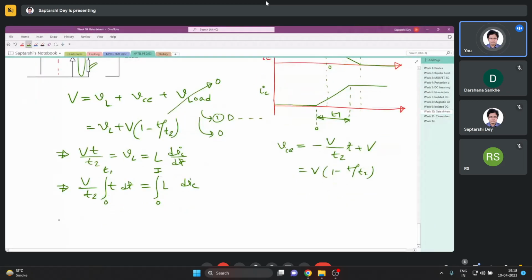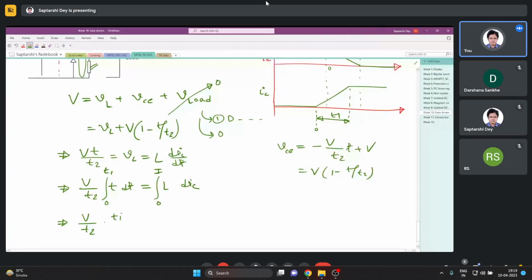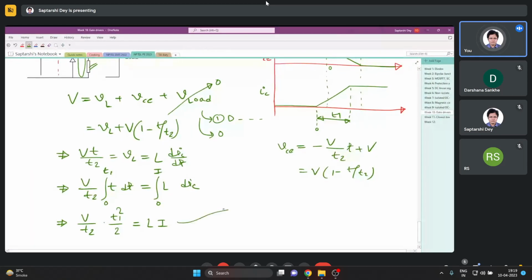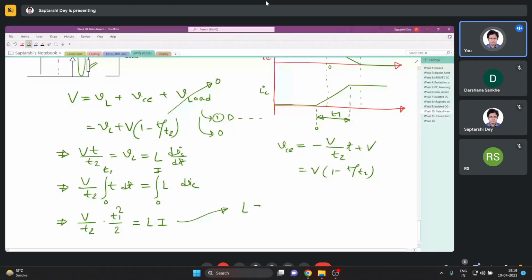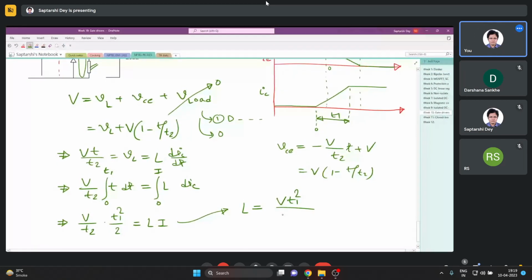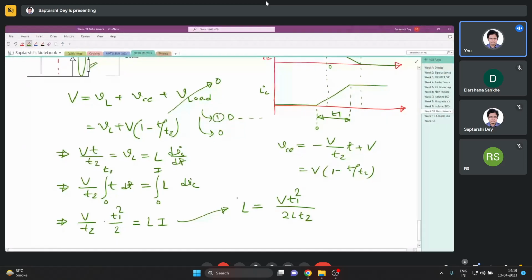right? Then what do we have? We have V by T2 times, this becomes T1 squared by 2 after putting the values. T squared by 2 equals 0, yes, then this is only Li. So from here we can say that the required snubber inductance will be V times T1 squared by 2I T2.